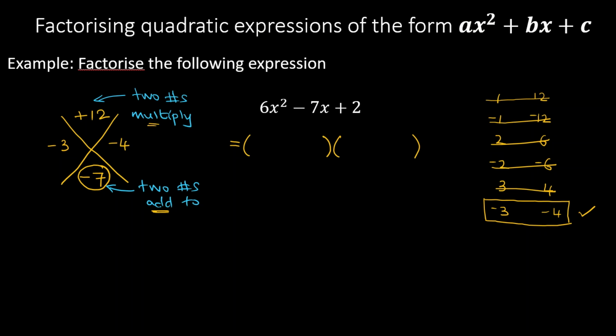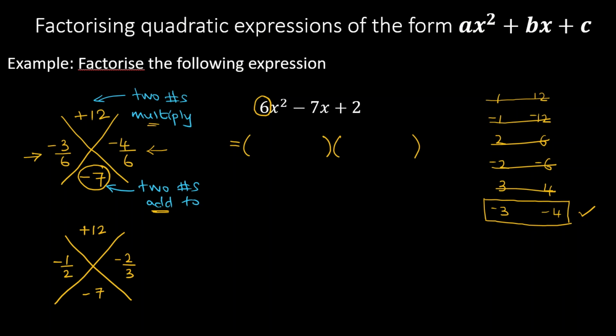Now again we consider the leading coefficient, which is 6. We divide both numbers by 6. And the magic x is going to simplify too. Here we have positive 12, negative 7. Negative 3 over 6 simplifies to negative 1 over 2. Negative 4 over 6 simplifies to negative 2 over 3.